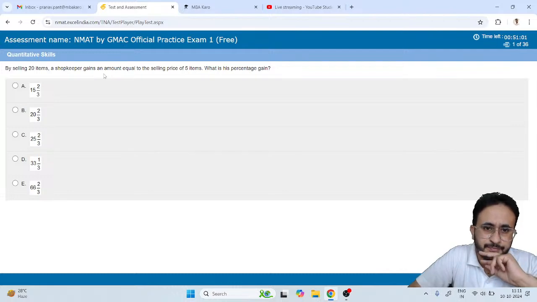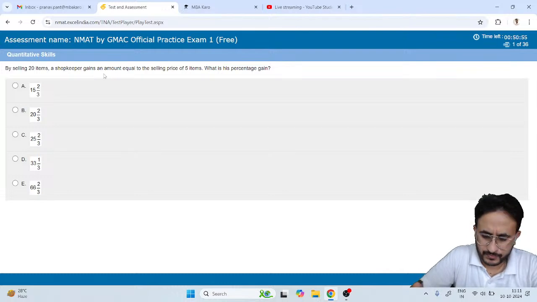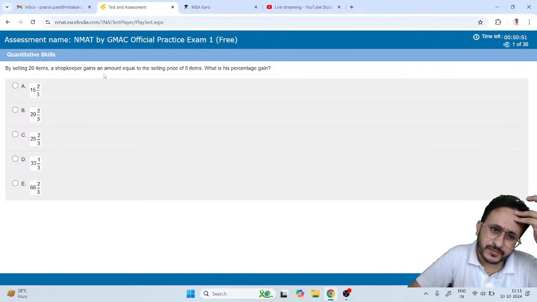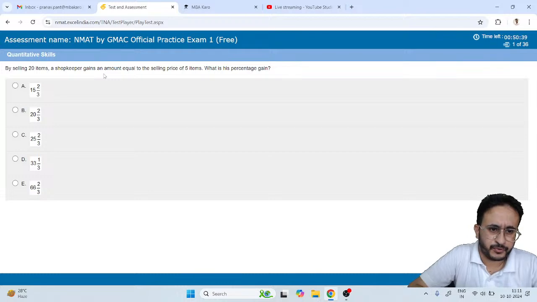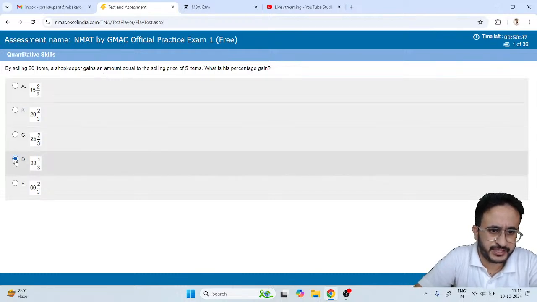It should be 20 or 25 from the options, 22/3. Cost price of 5... 15, 20, 33. So it would be 33.33 then.